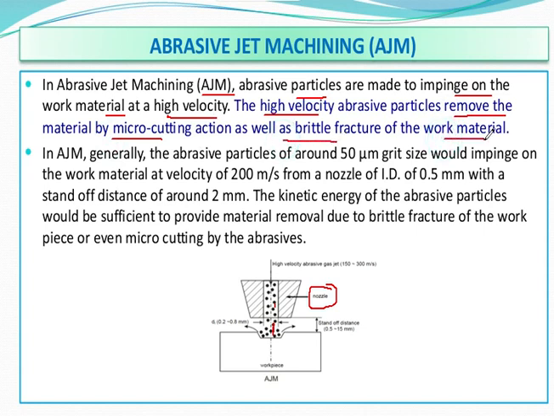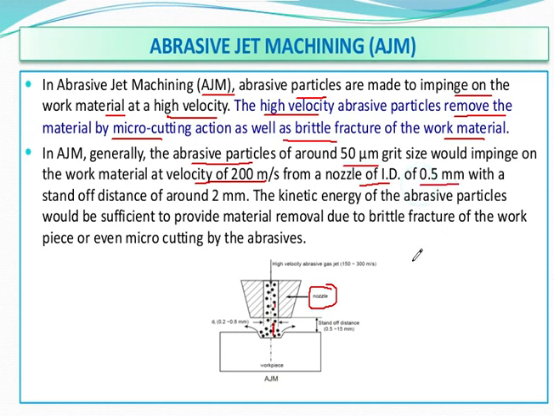The most important thing to consider in this process is that the abrasive particles are around 50 micrometer grit size, and they travel at a velocity of 200 meter per second from a nozzle whose internal diameter is 0.5 millimeter.